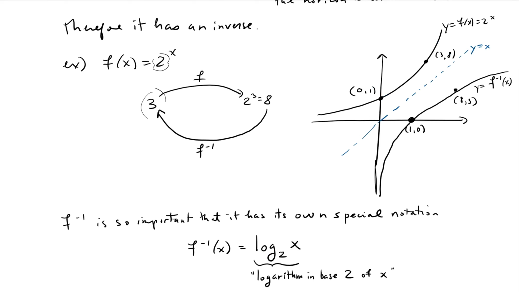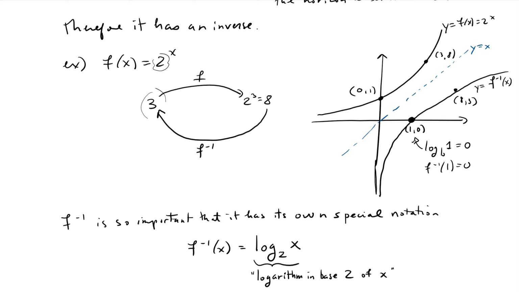So here b was 2, but even with b equals 3, it would still be there. Because (0, 1) is the y-intercept of the exponential function. So (1, 0) is part of the curve for our logarithmic function. And that just means log in base b of 1 is 0, right? Or in other words, f inverse of 1 is 0.